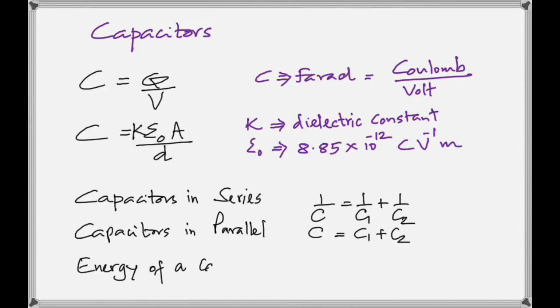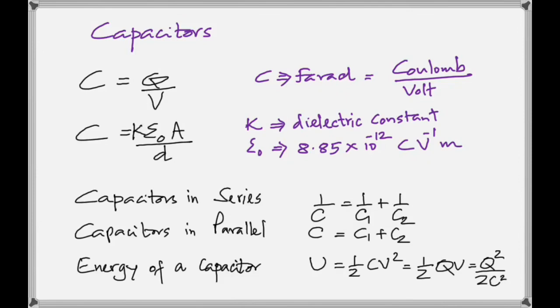Now, like I said, the energy of a capacitor is 1/2 CV squared, but you can substitute for the terms and get it in two other different formats. So there are three ways to calculate the energy of a capacitor given by these three formulas. So as an example, I could ask you a question like this.